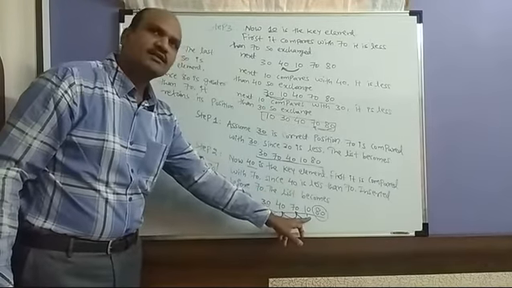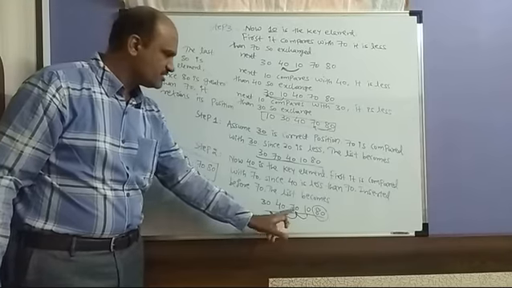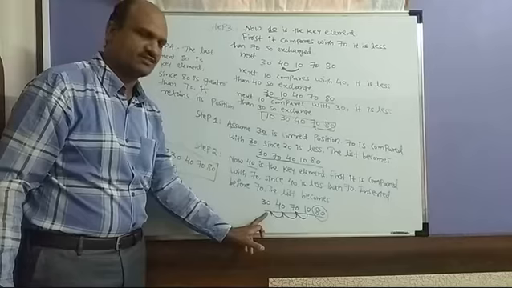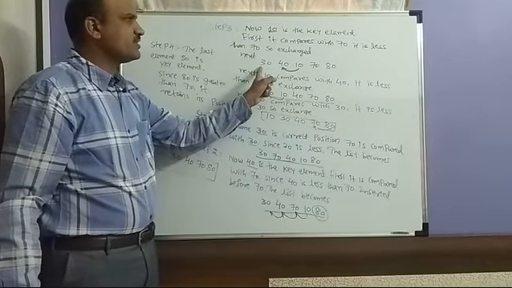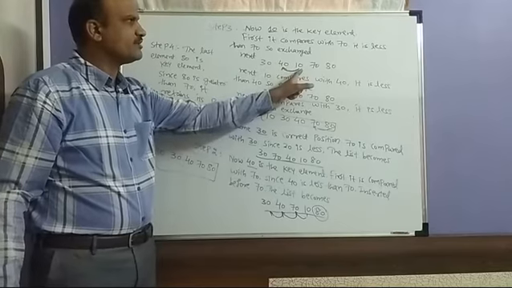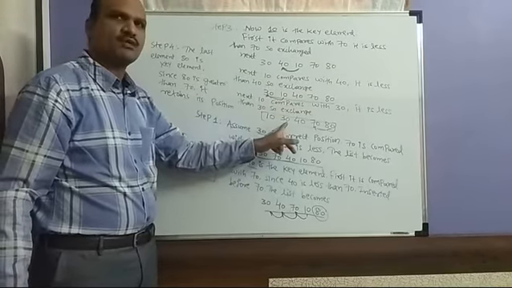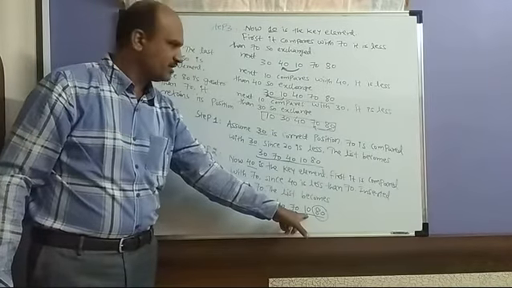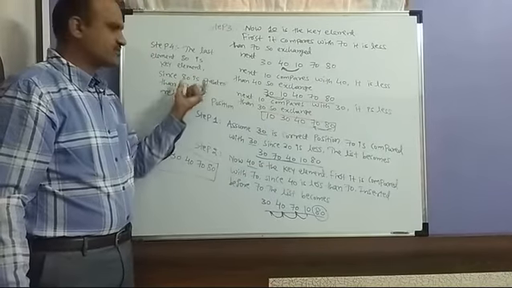Then 10 is compared with all, because here also it is exchanged, here also it is exchanged, here also it is exchanged. Okay, so 10 becomes what? Here. Now see this step, first 10 will be compared with this, then 10 will be compared with this, then the list becomes this one. So earlier we were taking this as a key element. Now 80 is the last key element, that also compares with the 70.